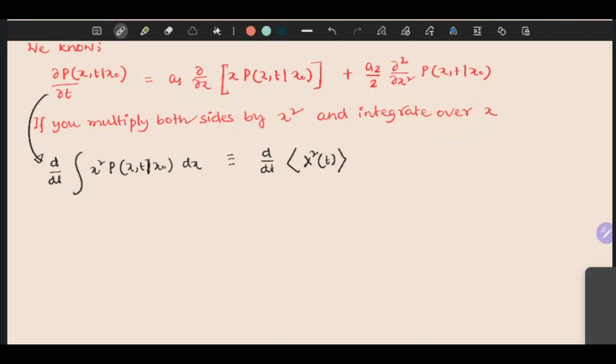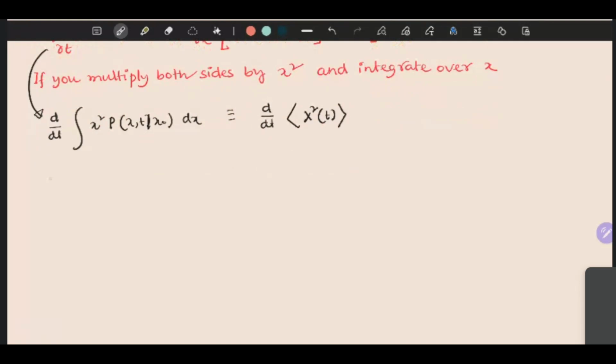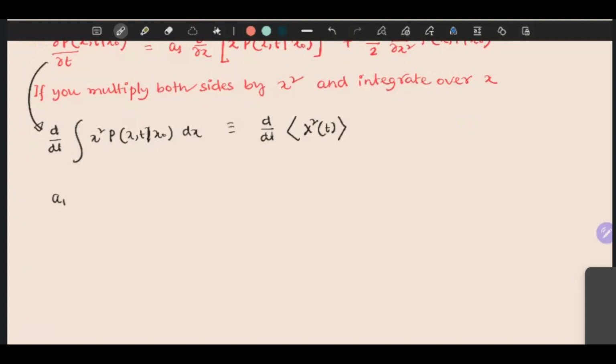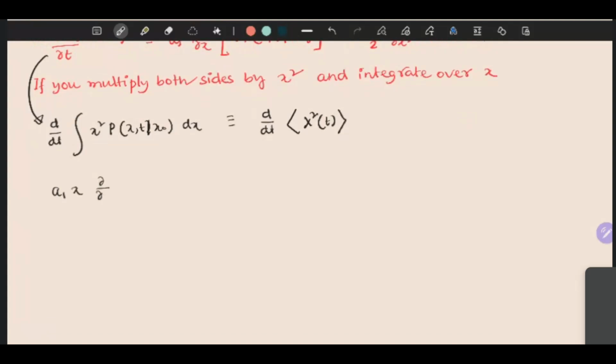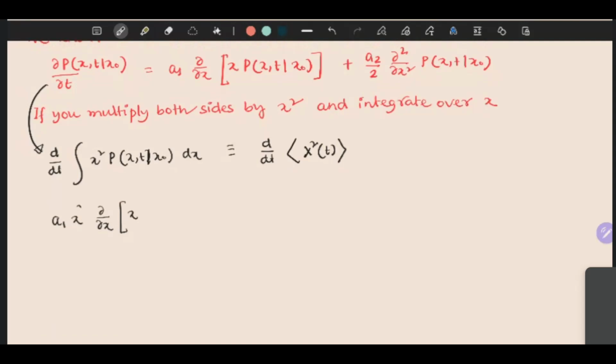Now this term and this term. Here this becomes a1 x del x of x p of xt x naught, so this is x squared del x p of xt x naught, and then integrating over this.